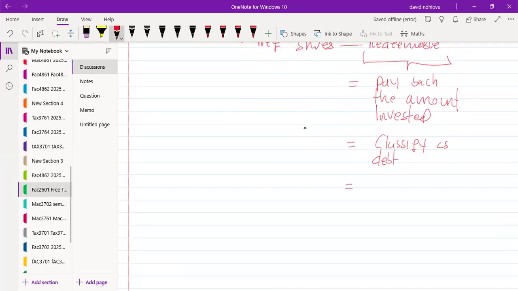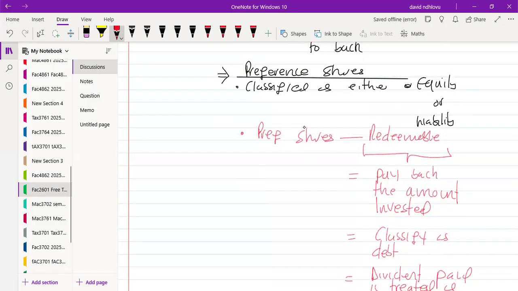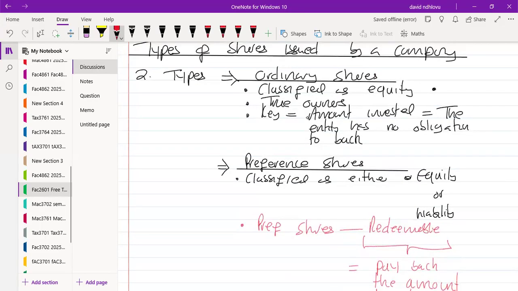Which means the dividend paid to the shareholders is treated as interest in the P&L. Very important to remember that. When you remember, a loan pays interest, which is a finance cost. A normal share, for example, an ordinary share, we reward the shareholder by giving them a dividend.